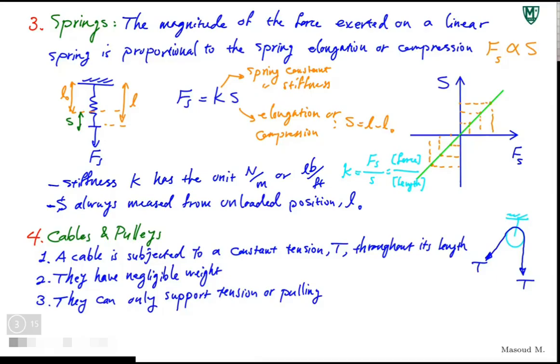We said force is like pulling or pushing. They can handle only pulling. A spring can handle both pulling and pushing depending on the kind of spring that we're dealing with. But in this course, pretty much all the springs can handle pulling and pushing. Cable, threads, or chain can only handle tension or pulling.